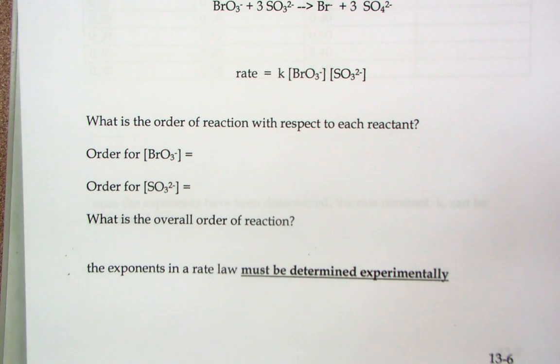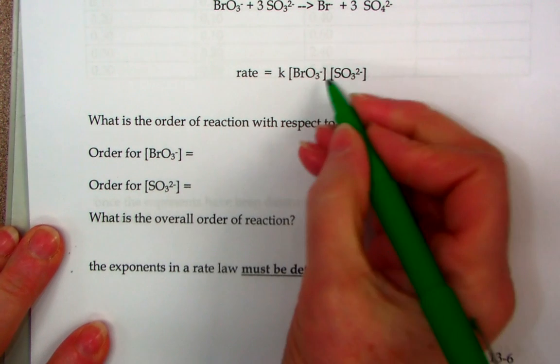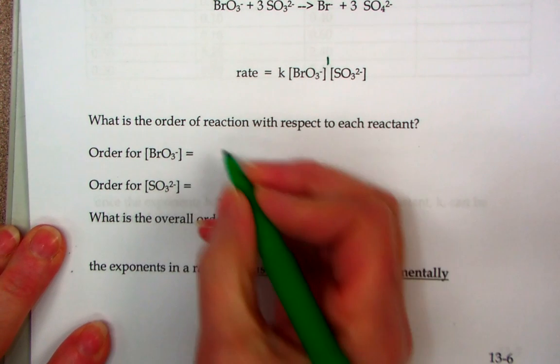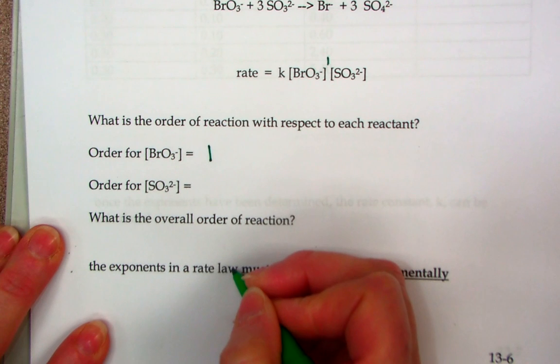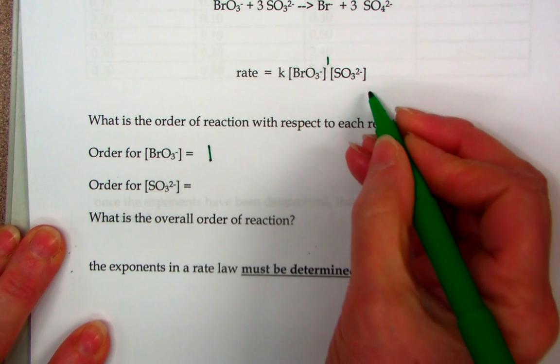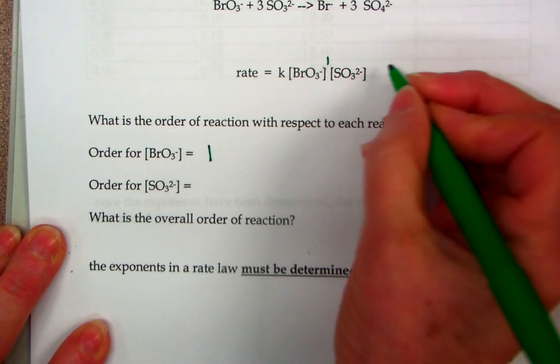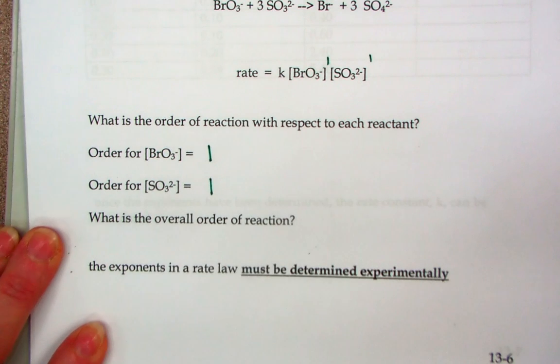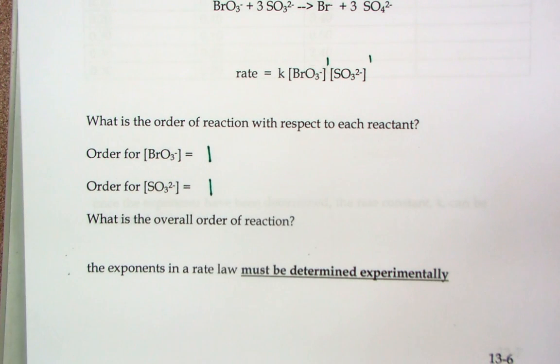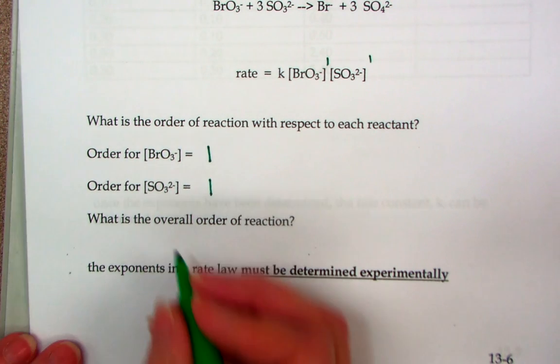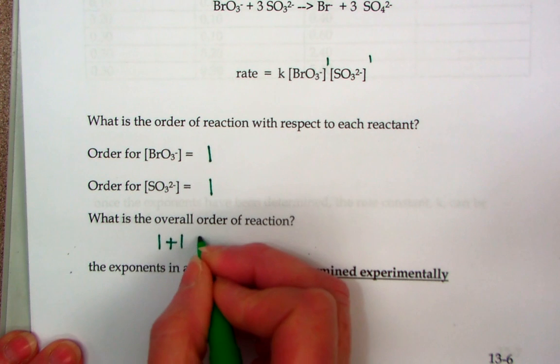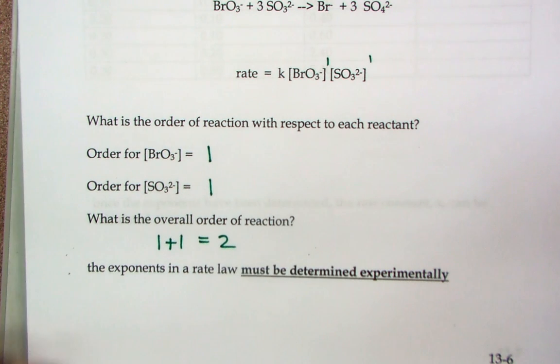So what is the order of reaction for the bromate ion? Well, the exponent here is 1, so it is first order in bromate. The exponent for the sulfite is 1, so it is first order for the sulfite. And the overall order of reaction, 1 plus 1, is equal to 2.